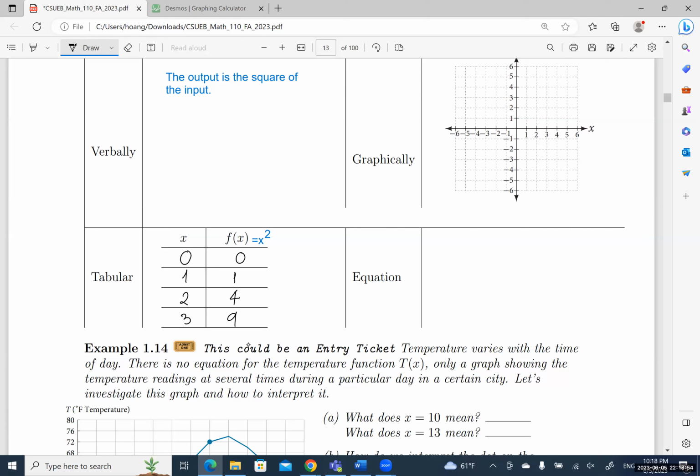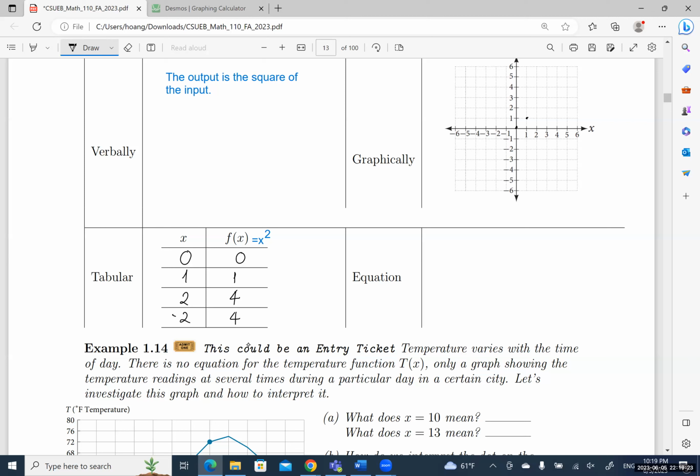Or maybe actually I should also use some negative numbers. I'm going to use -2. It's going to give me 4 also. Okay, so I will go ahead and show you the graphical way, where I use some points that I just found from the table there.